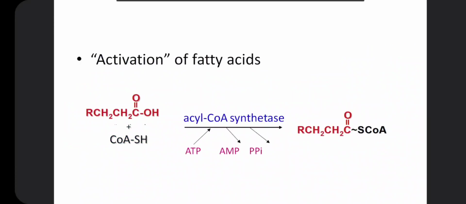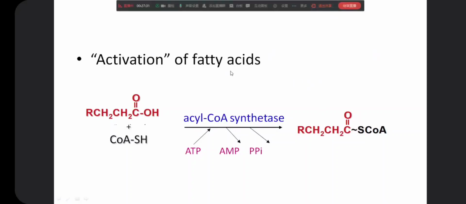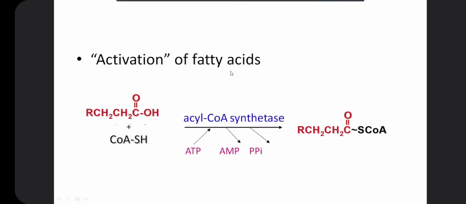And then the fatty acids. Next, let's see the metabolism of fatty acids. First is the activation of fatty acids, and the enzyme that catalyzes this reaction is named acyl coenzyme A synthetase.